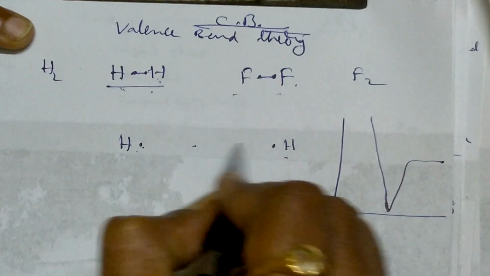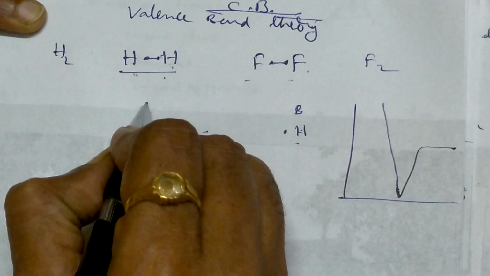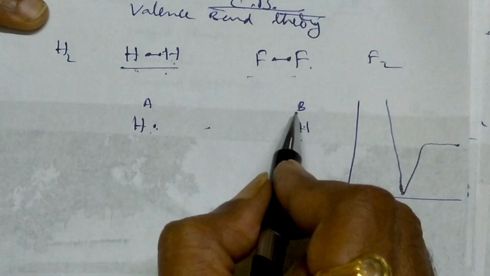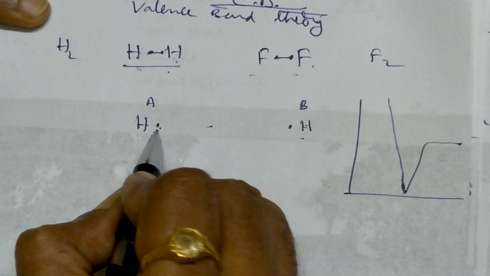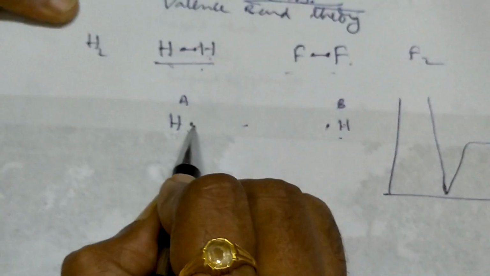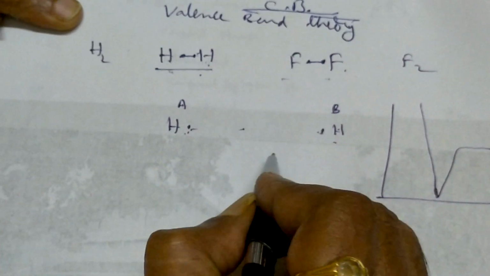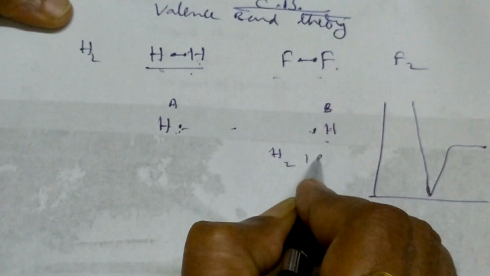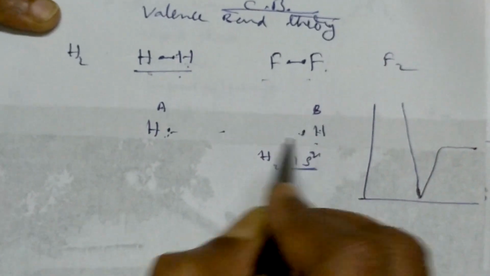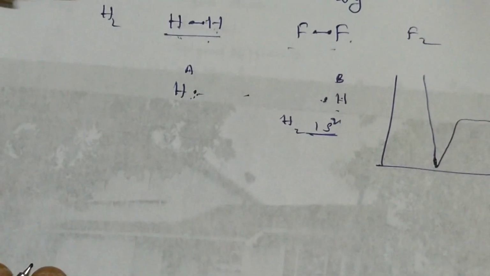But when it comes closer, the nucleus of the other, take it as A and B for easy recognition, B has more attraction on this electron, and A has more attraction on this one, than the repulsion between the two electrons. That is why it forms H2 with the 1s2 electrons. Similarly for any diatomic and for polyatomic molecules.